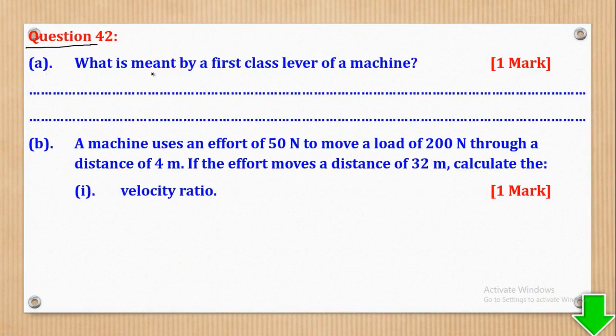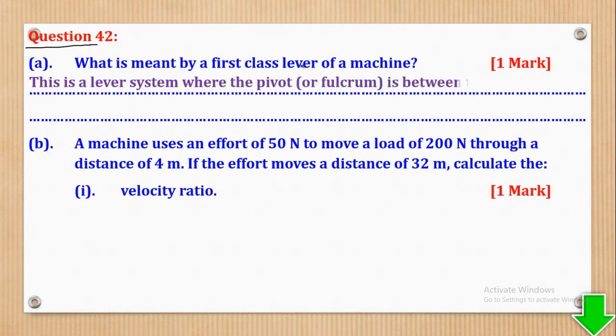Part A says, what is meant by a first class lever of a machine? So you come and say that this is a lever system where the pivot or fulcrum is between the load and the effort. So when the pivot is between the load and the effort, it is first class lever.